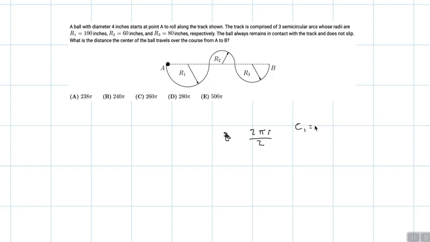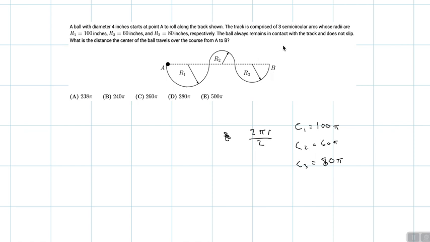Yeah, circumference 1 is going to be 100 pi. 80 pi.